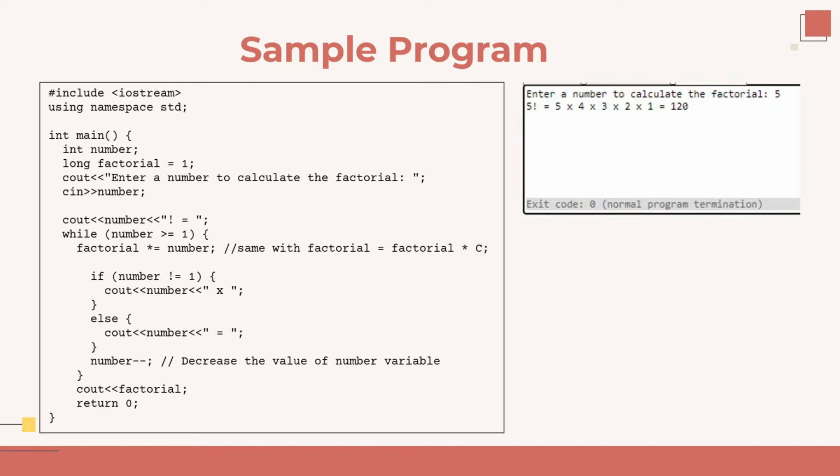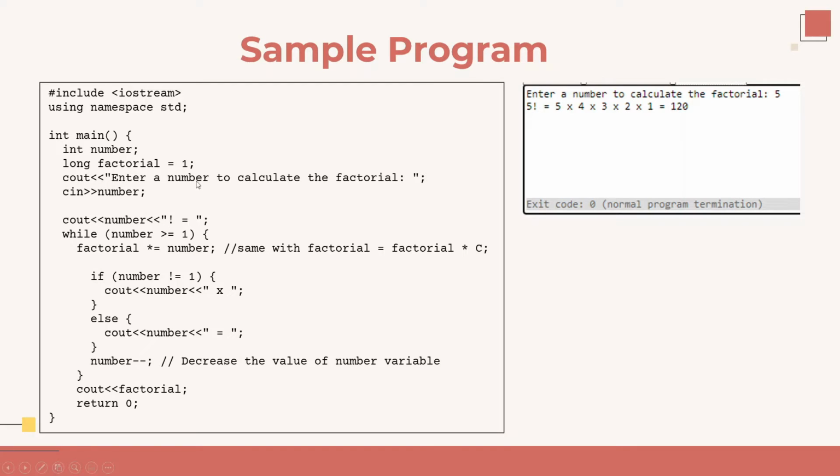This is the sample program to use the while looping structure. In this program, we want to calculate the factorial of the number inserted by the user. First, we initialize the variables number and factorial. Factorial is 1.